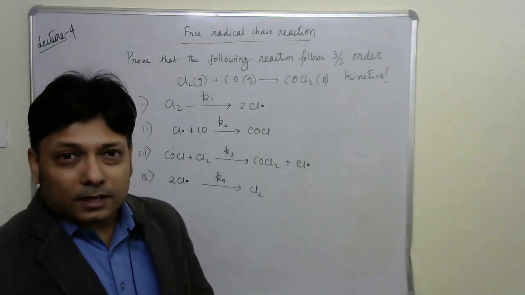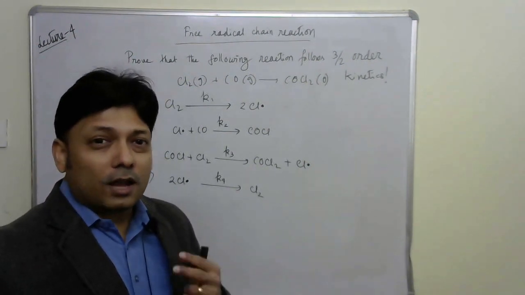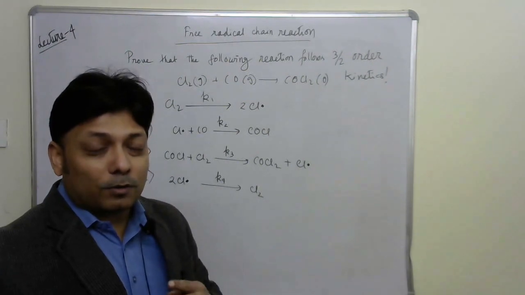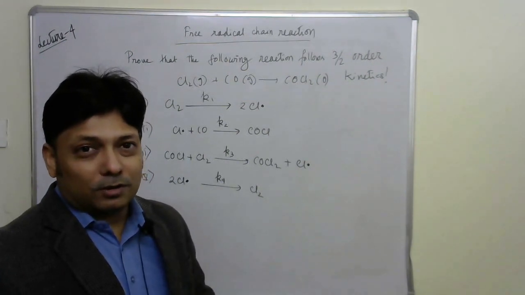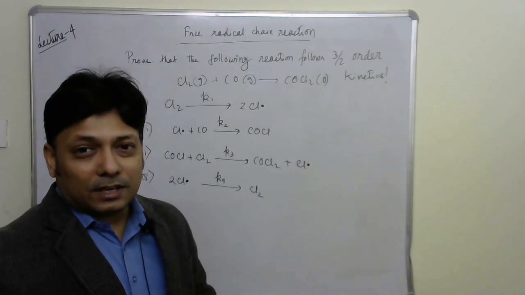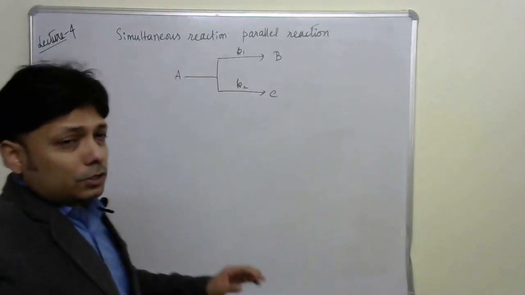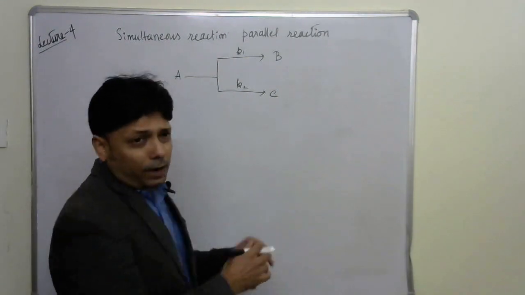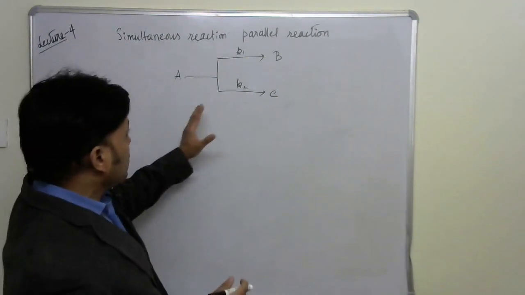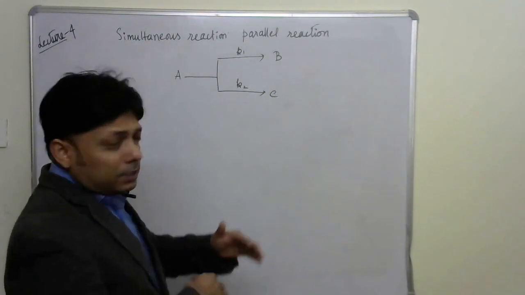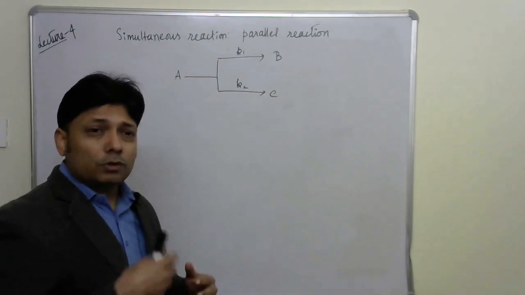Okay, so next we move on to our last type of simultaneous reaction. Remember, one is still left, that is called the parallel reaction. The parallel reaction is defined as a reaction where changes happen in more than one way.